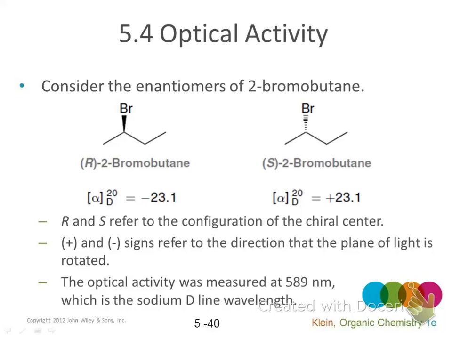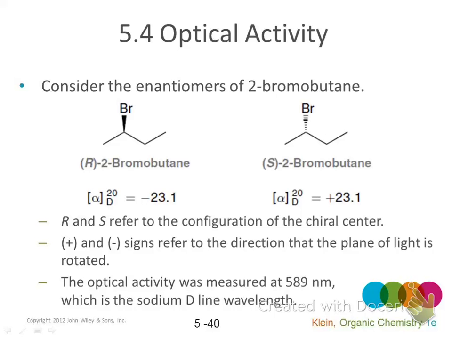And we use a device called the polarimeter to figure out how far the light has rotated. So the other cool thing is if you have all of one enantiomer, you'll get one rotation for 2-bromobutane. The enantiomer of that will be exactly the opposite in the other direction.